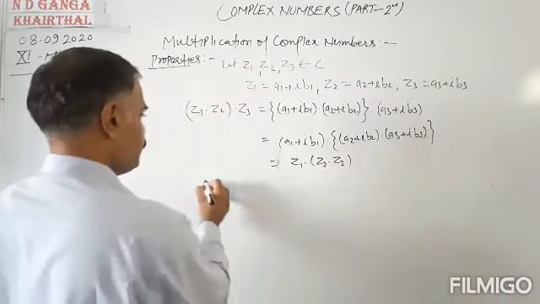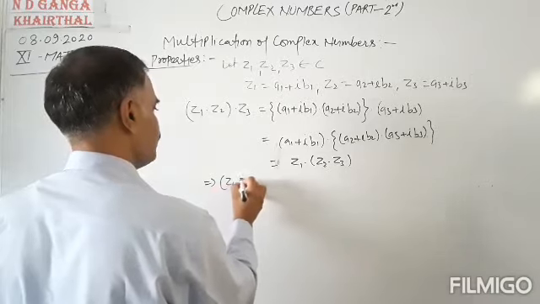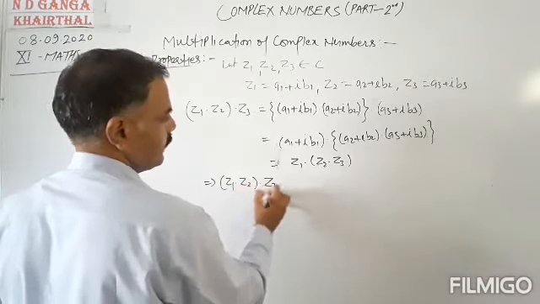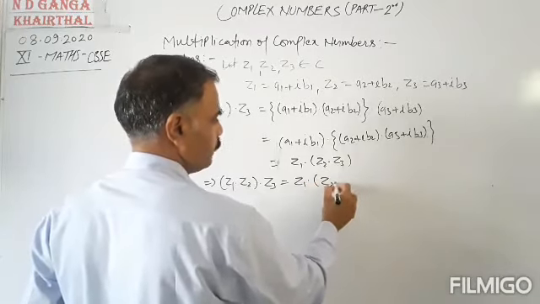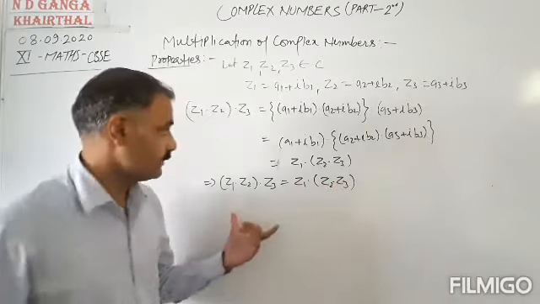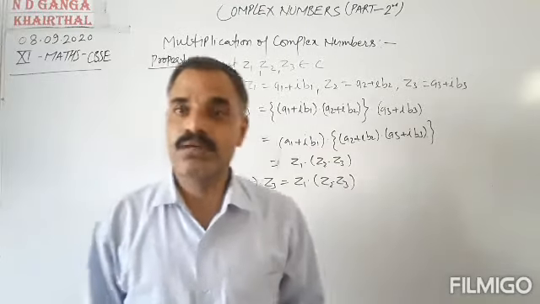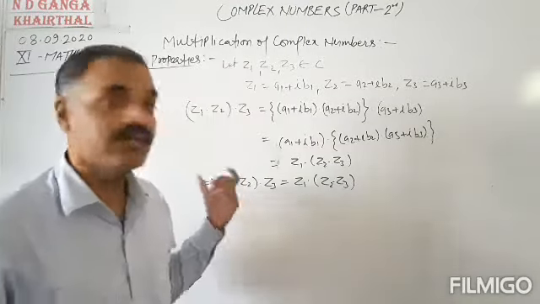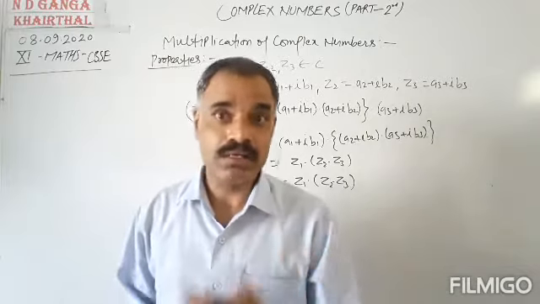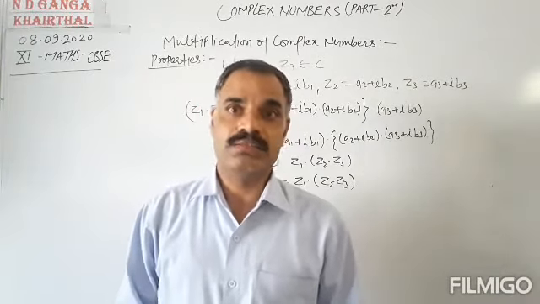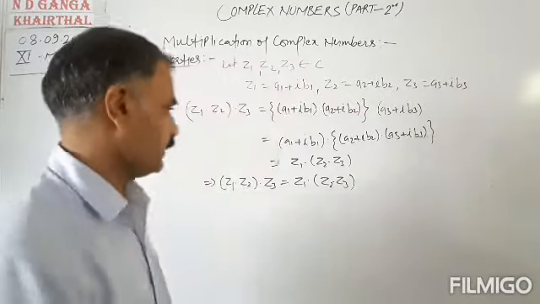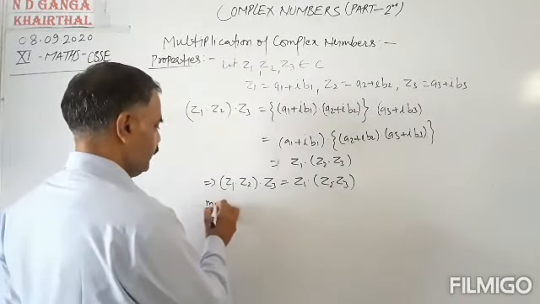Okay, so finally what we can say is that (Z1 multiplication Z2) multiplication Z3 is equal to Z1 multiplication (Z2 multiplication Z3). Means without changing the order we can change the grouping. This is said to be the associative property, and multiplication of complex numbers follows the associative property.